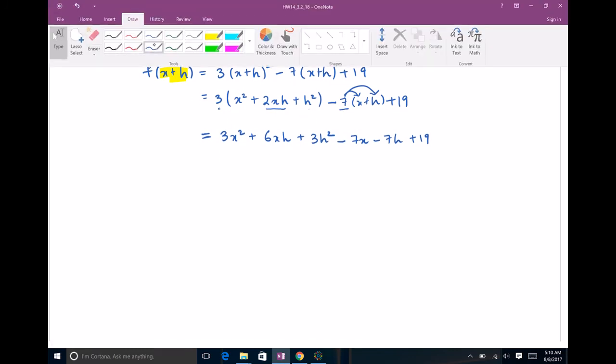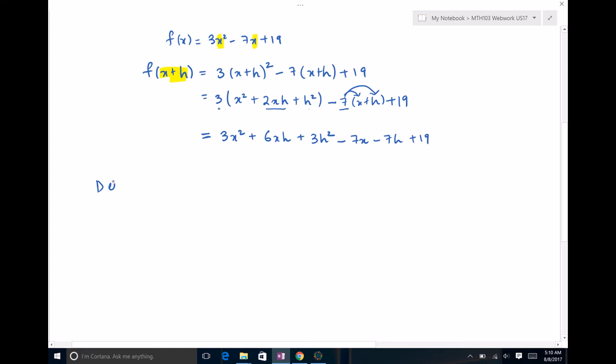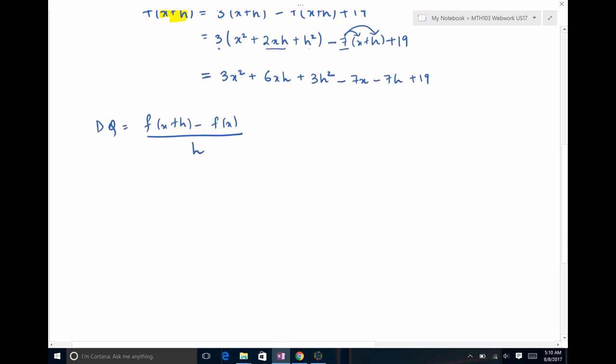But now I'm going to write down the difference quotient. That's f of x plus h minus f of x over h. So f of x plus h I just found out is 3x squared plus 6xh plus 3h squared minus 7x minus 7h plus 19.